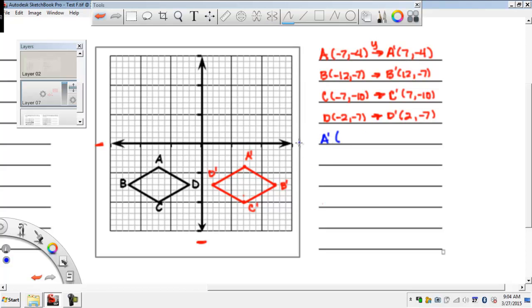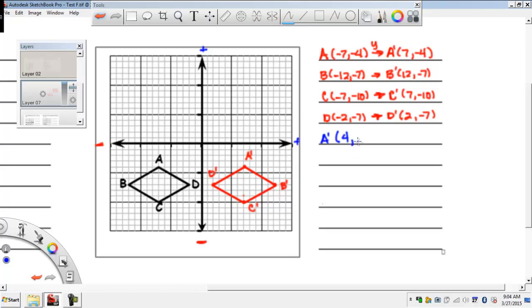Now the X's and Y's switch places, so the negative 4 will become the X, the 7 will become the Y, and this part of the coordinate plane will be positive, positive.